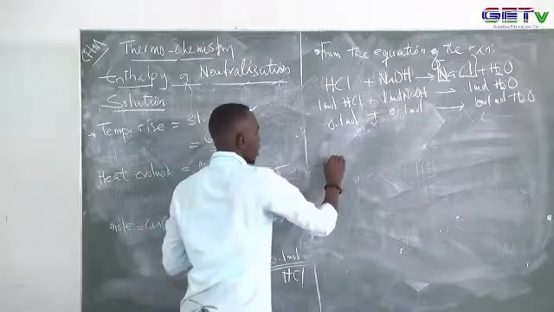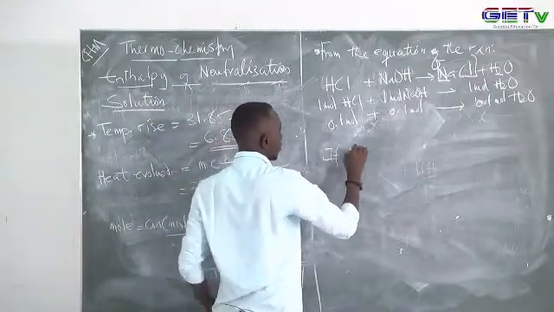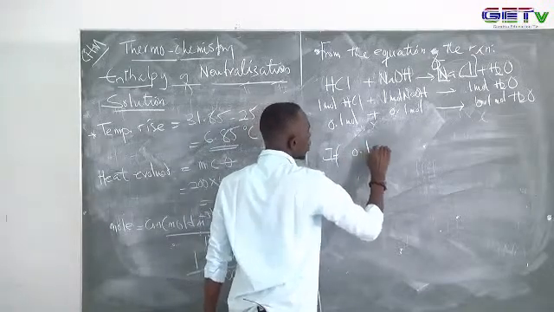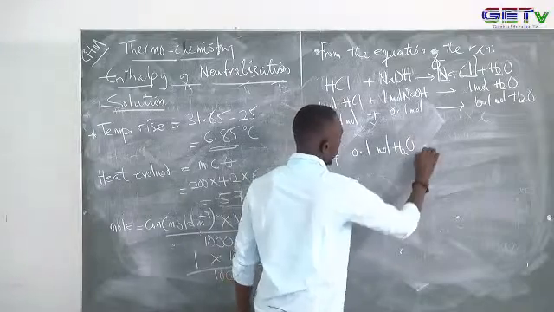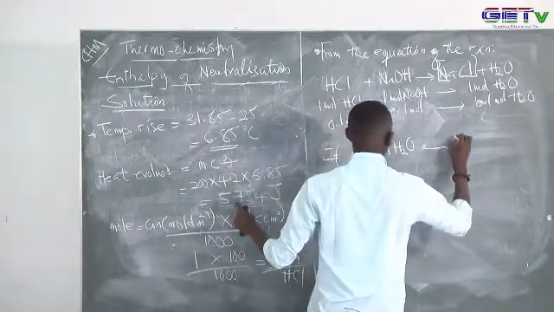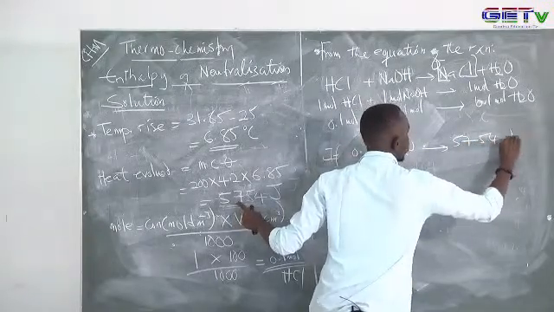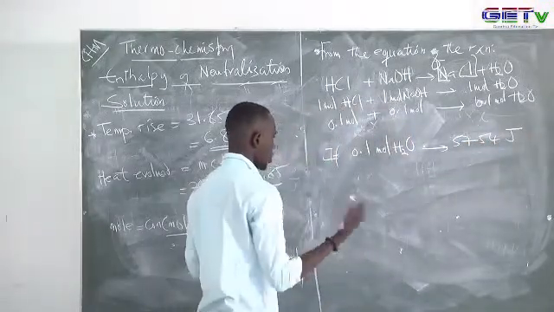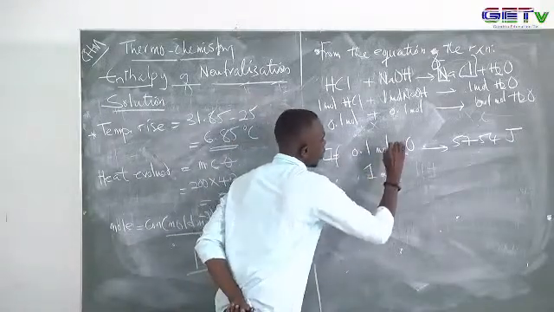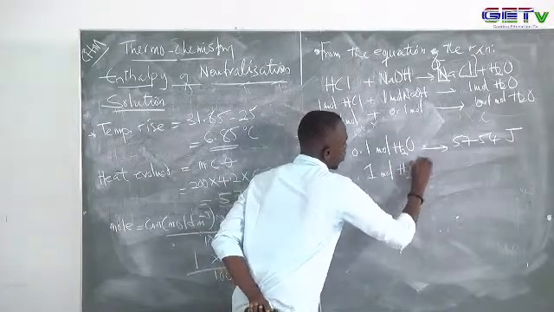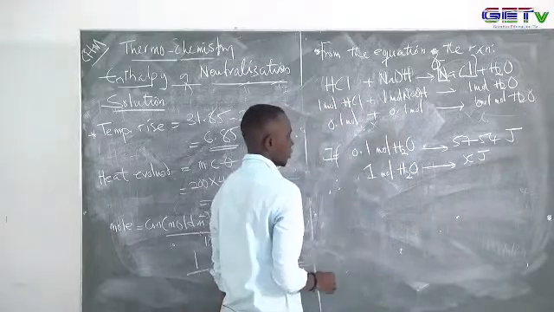When calculating the standard enthalpy of neutralization, we can say if 0.1 mole of the water produces 5754 joules, therefore 1 mole of the water will produce X joules.